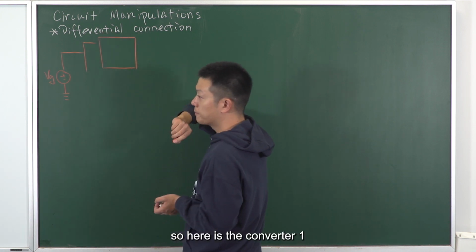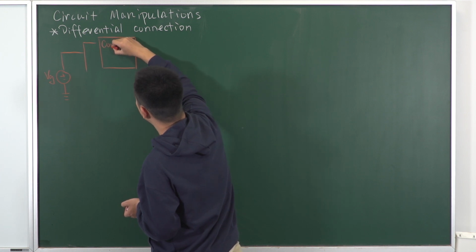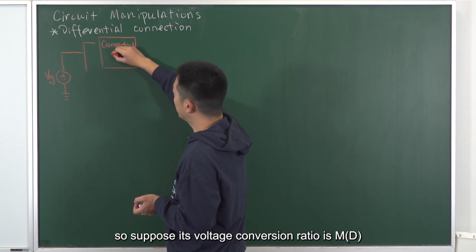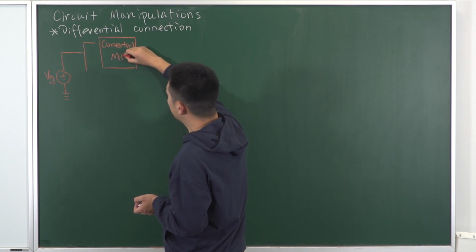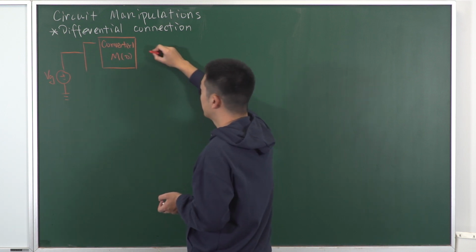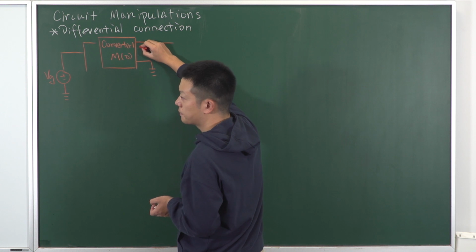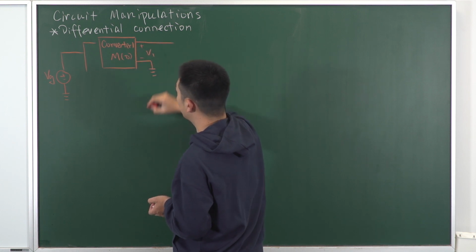So here is converter 1. Suppose its voltage conversion ratio is M(D). So here is output voltage, V1.